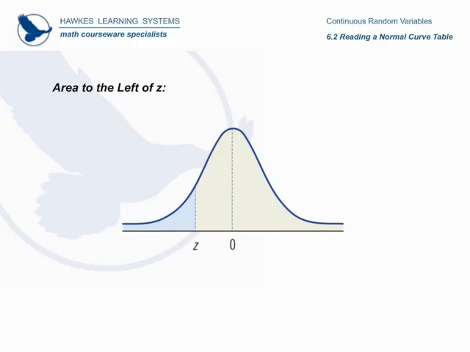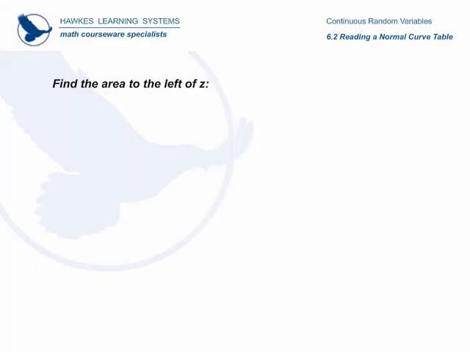Now let's take a look at the area to the left of our z-value. Finding the area to the left of the z-value, let's take an example of z equals 1.69. And on our table, that would give us a value of 0.9545.